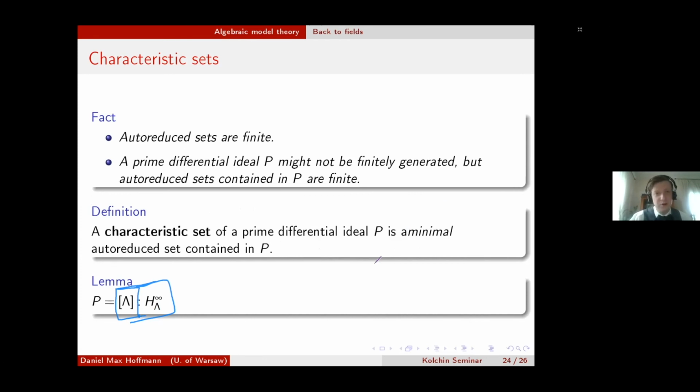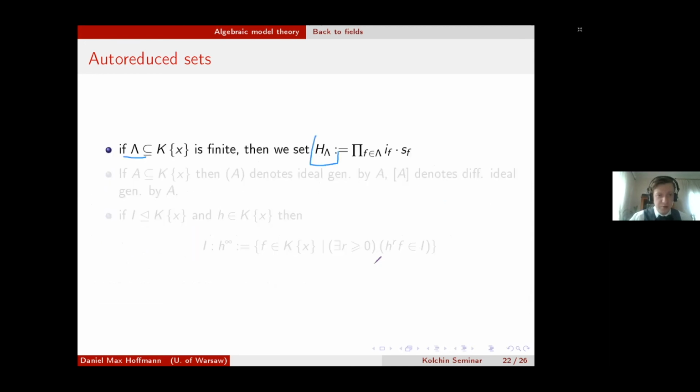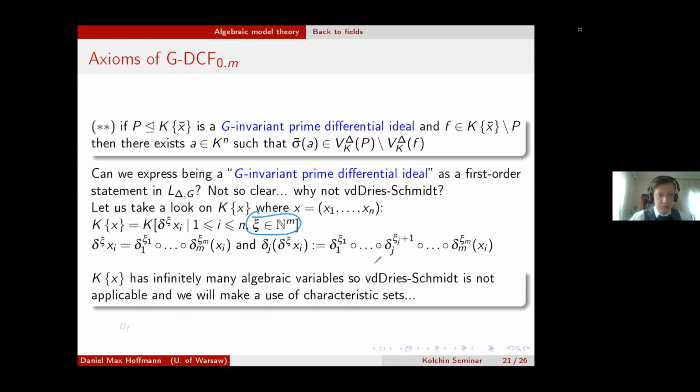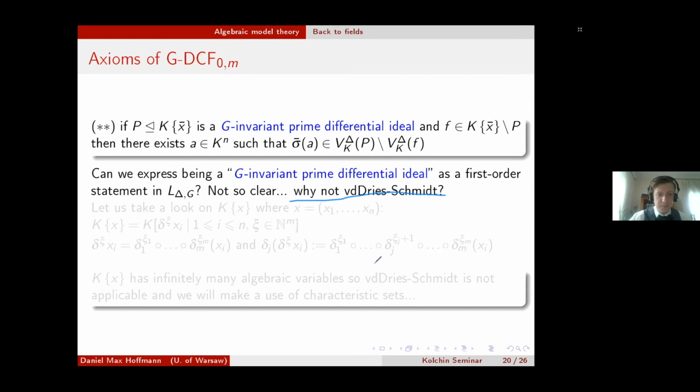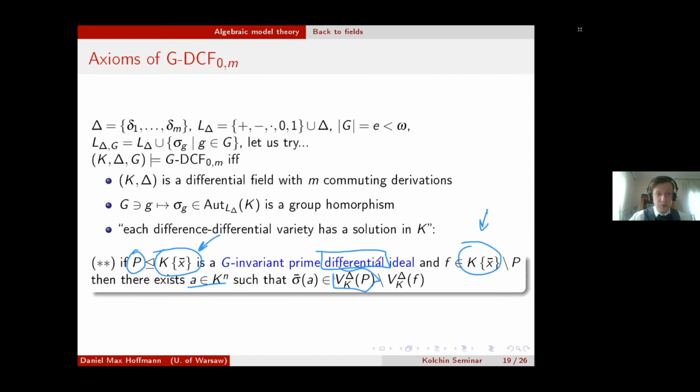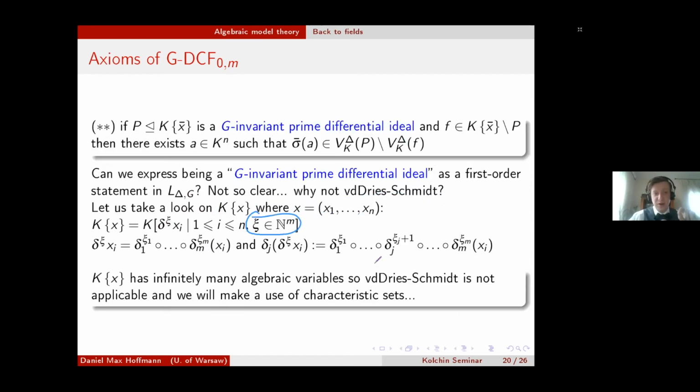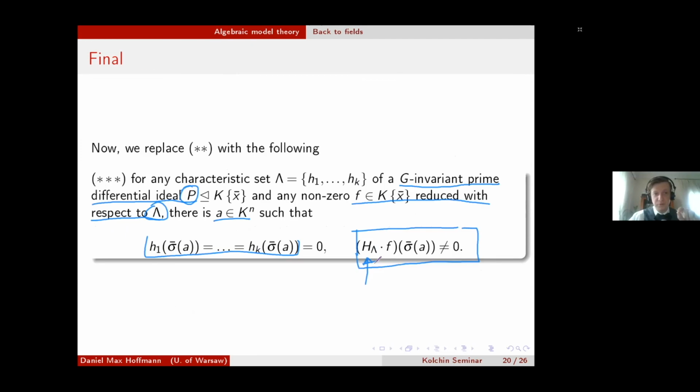If I remember correctly. Okay, so let me just come for a second back to where I was. Right, so we have this double star condition, right? If we keep these axioms here and only replace the last double star condition with this 3-star condition, then we get the axioms for our theory GTCF 0 m.